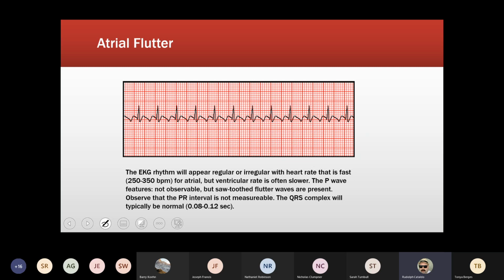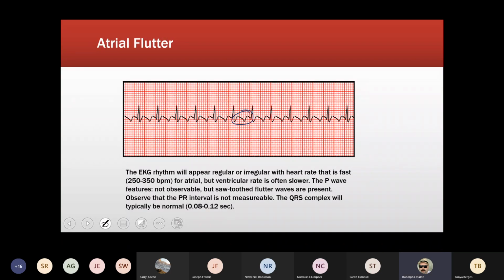So a flutter, what is the thing that really sets a flutter apart from any other rhythm? Shark tooth. Shark teeth, right? Instead of our P and T waves where they should be, we have shark teeth.